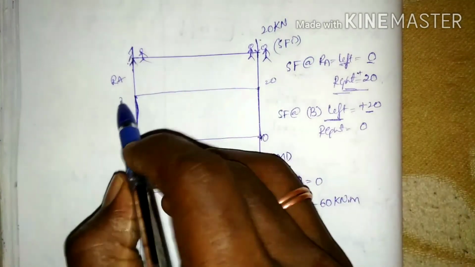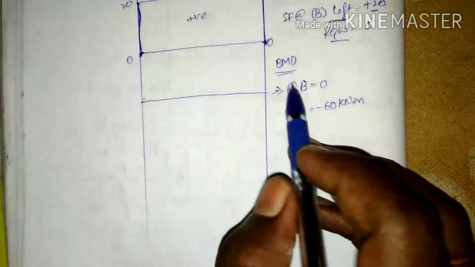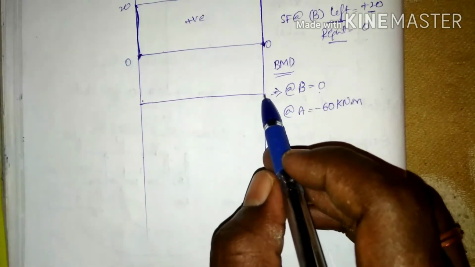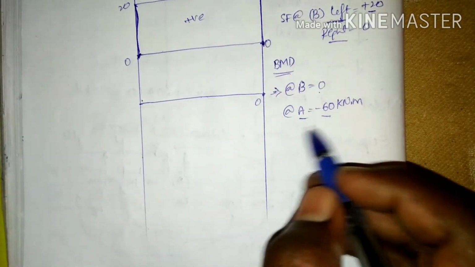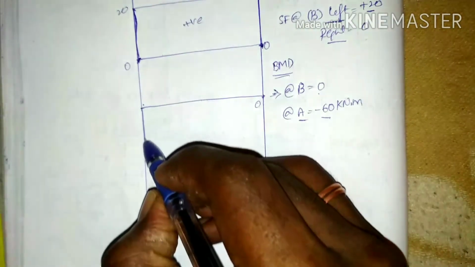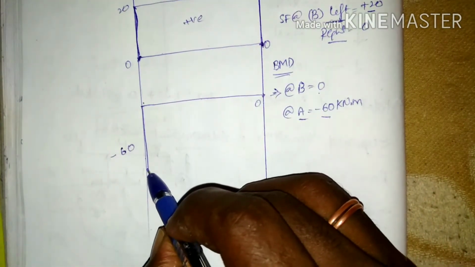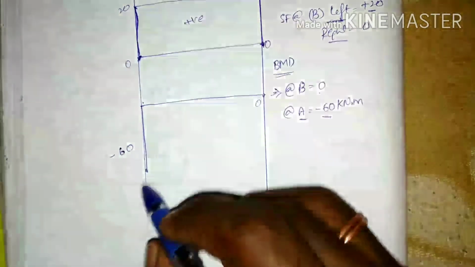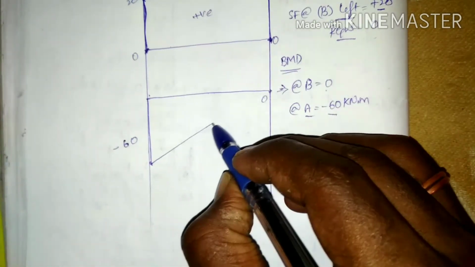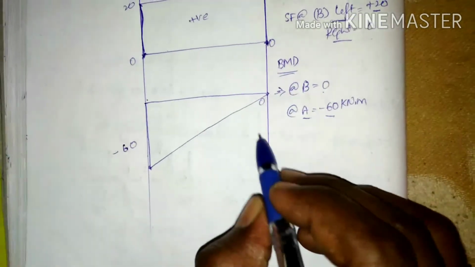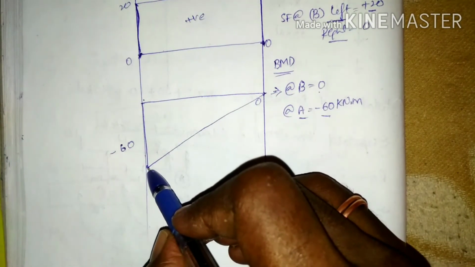This is 20 in the positive, 20 at the right 0. For the bending moment, at B it is equal to 0. At A it is equal to minus 60, where minus indicates the downward Y axis, minus 60 kilonewton meter. Here we have an inclined line, not a straight line, because it is a bending moment going from minus 60 to 0.